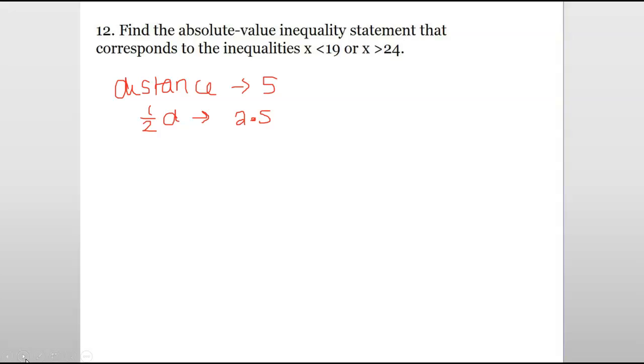Then we're going to adjust our answer by adding or subtracting 2.5. So let's say we subtract. So you have x minus 2.5 less than 19 minus 2.5. x minus 2.5 is greater than 24 minus 2.5.